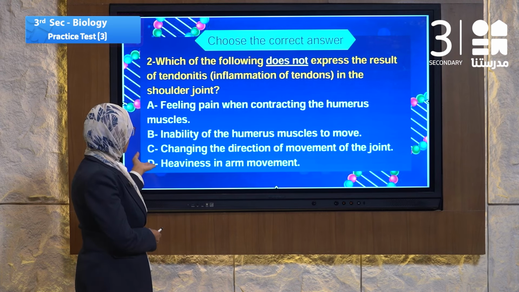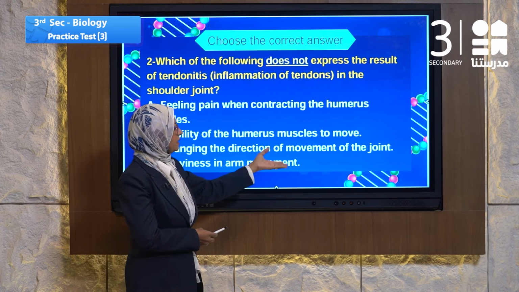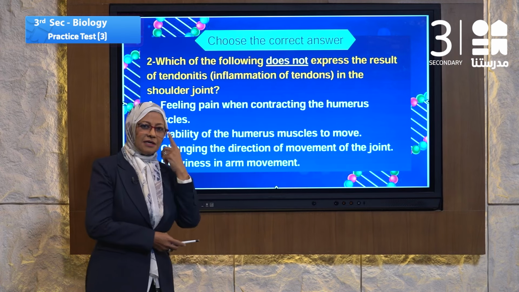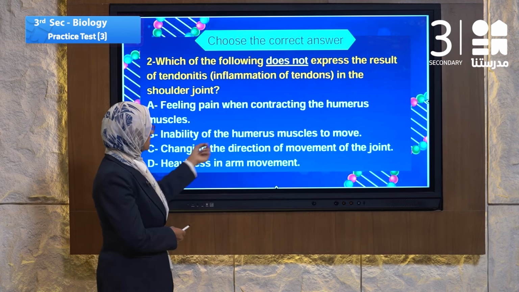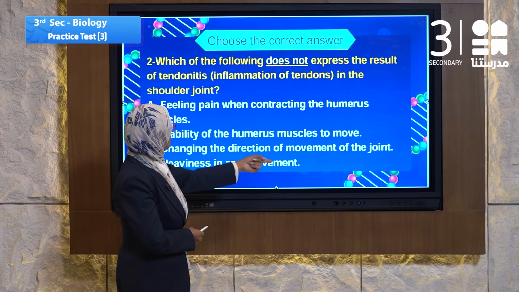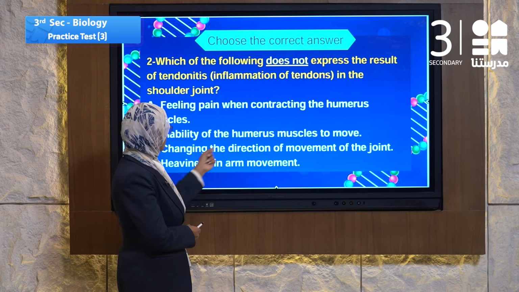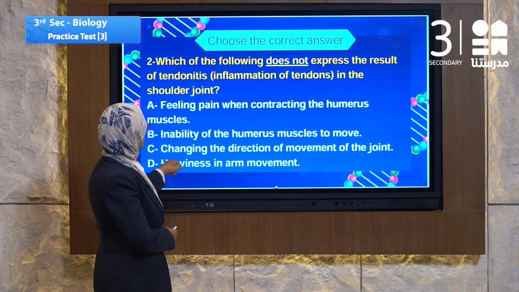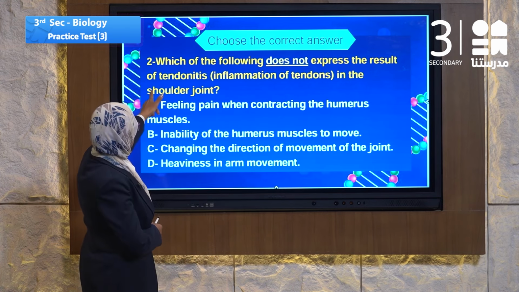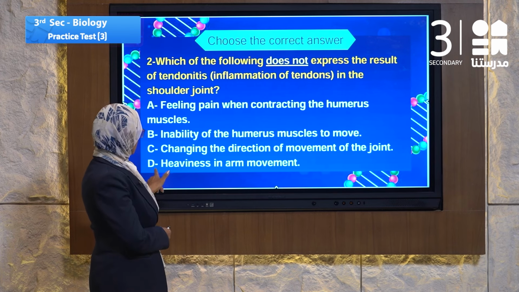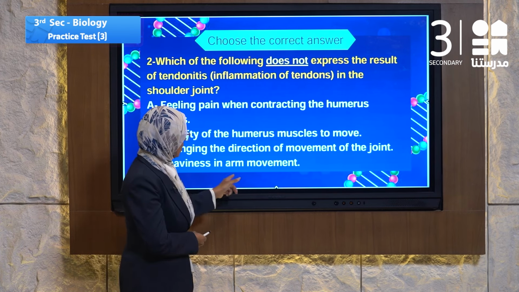Number C, changing the direction of movement of joints. Let's think. Changing the direction of the joints is not from the function of the tendons. Number D, heaviness in the arm movement.